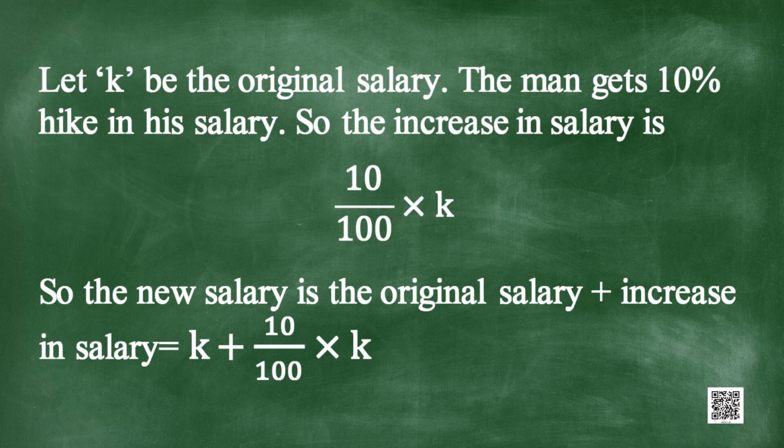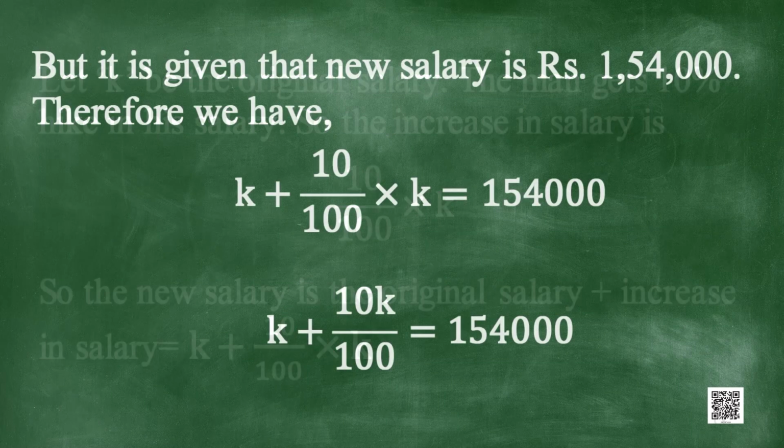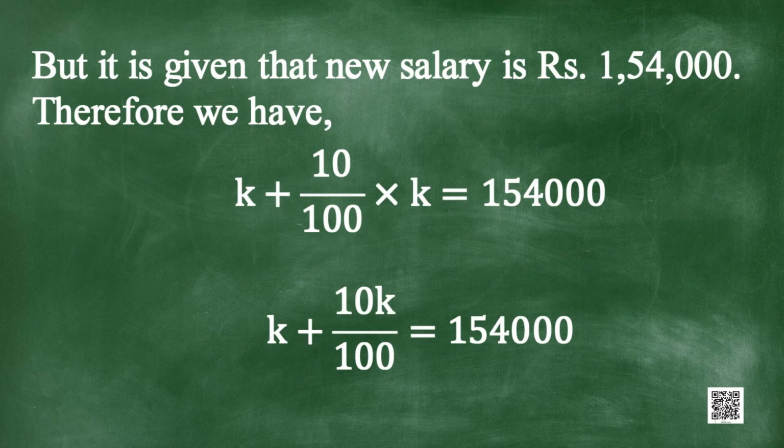But it is given that the new salary is rupees 1,54,000. So, therefore, we have k plus 10 by 100 of k is equal to 1,54,000. That is nothing but k plus 10k by 100 is equal to 1,54,000.